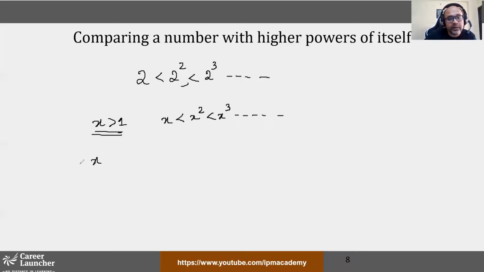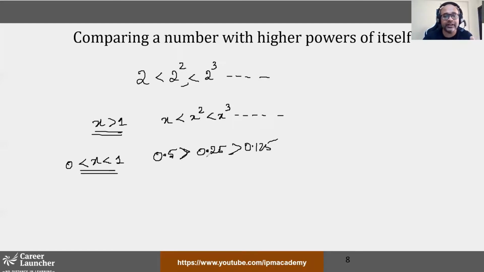However, observe this. When x is between 0 and 1, let's take an example and find out what happens. I will take 0.5. When I square it, what do I get? I get 0.25, which is actually lesser than 0.5. So 0.5 is greater than 0.25. If I take the cube of it, I'll get 0.125.